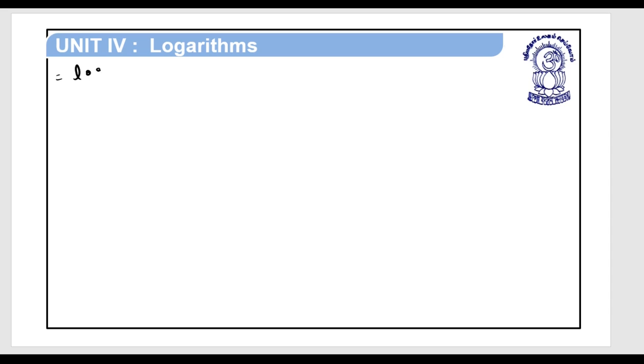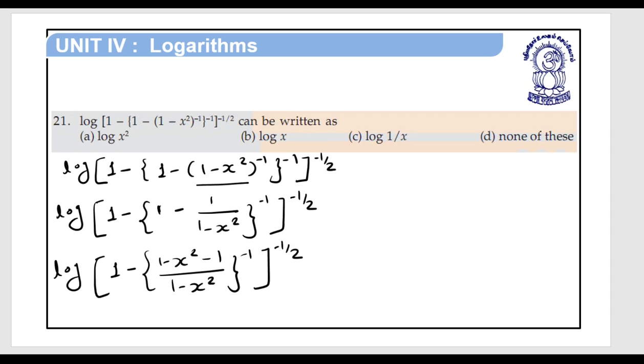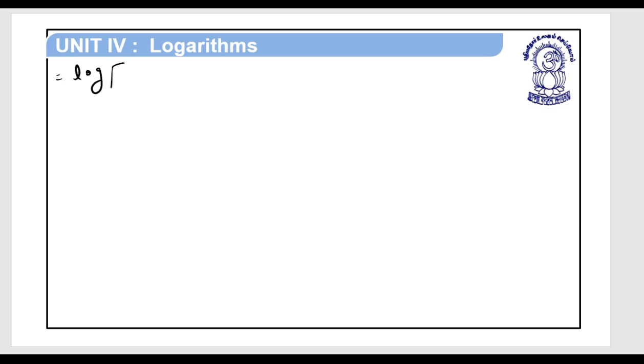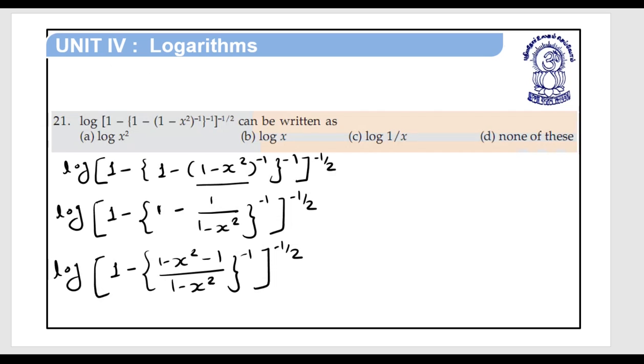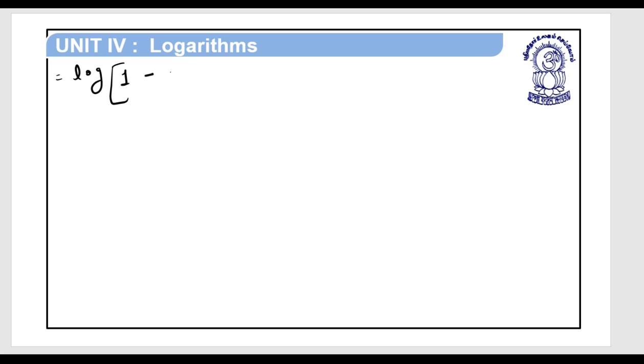So log 1 minus, here 1 minus 1 cancel, so minus x square by 1 minus x square raised to minus 1 by 2.